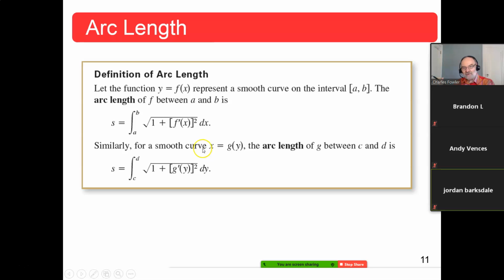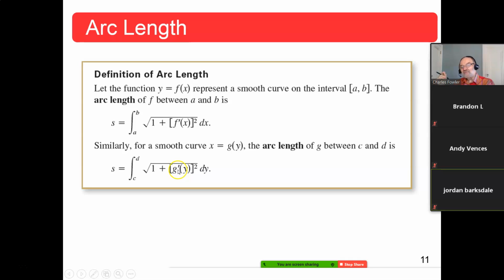Similarly, for a smooth curve where x is a function of y, the arc length of g, that g of y, between y equals c and y equals d would be s, the arc length, equal to the integral from the lower limit to the upper limit, c to d, of the square root of 1 plus g prime squared dy.